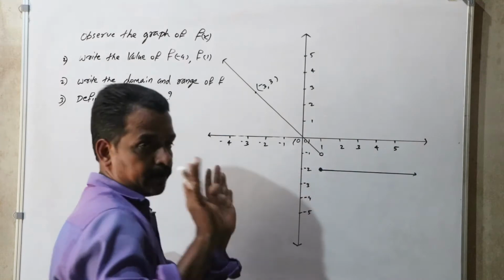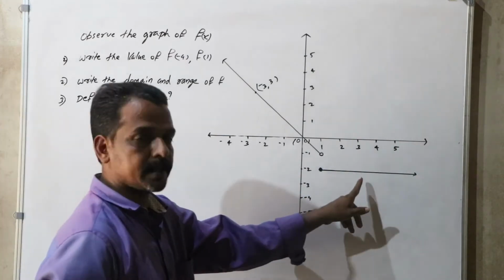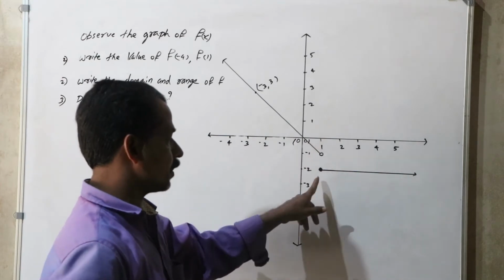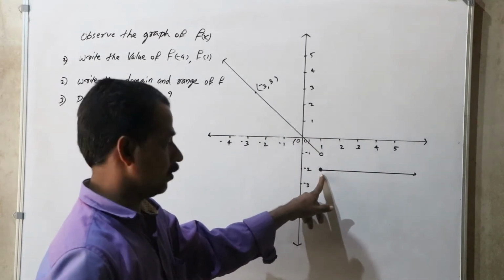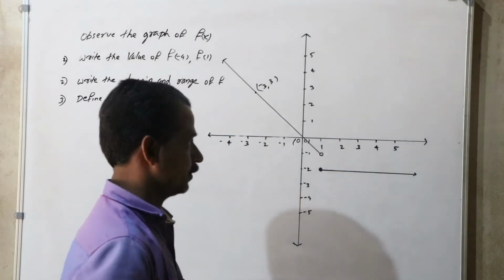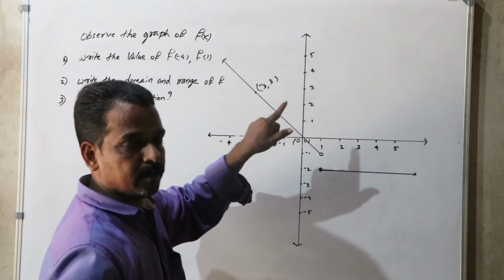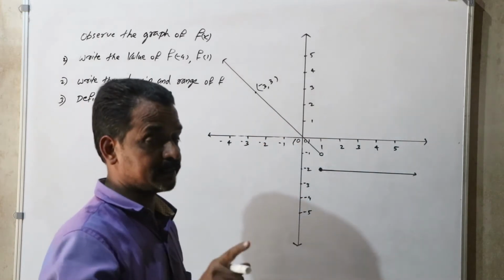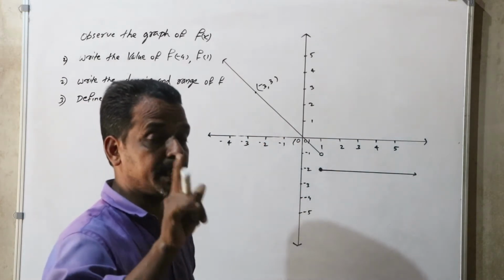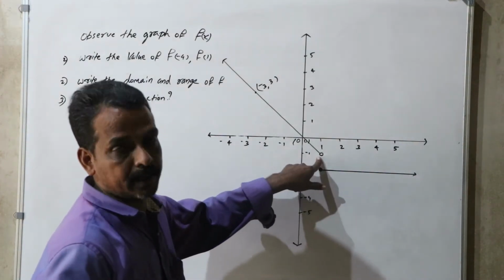Okay. Observe the graph. We observed this line begins from 1 of the x-axis and goes right side. This line begins from 1, but 1 is not included. Why? This is an open interval.